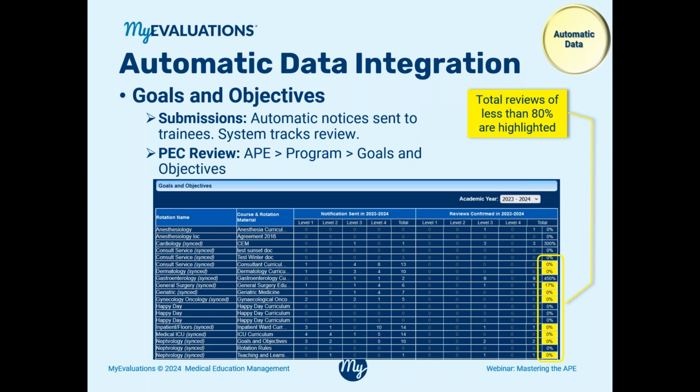If you're seeing a particular weakness in gastroenterology and nobody's reading the goals and objectives for gastroenterology, well, there's a problem there that needs to be addressed. So it's the idea of, hey, are we sending out notifications, number one, and number two, what percentage of the residents are actually reviewing them? What do we need to do to change that accountability if people aren't reviewing the goals and objectives?